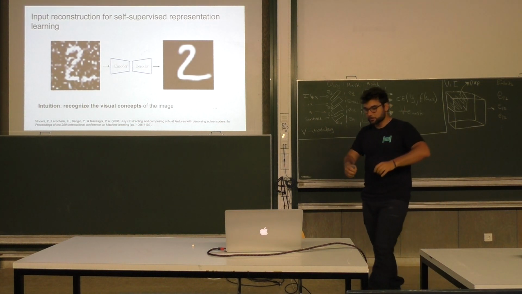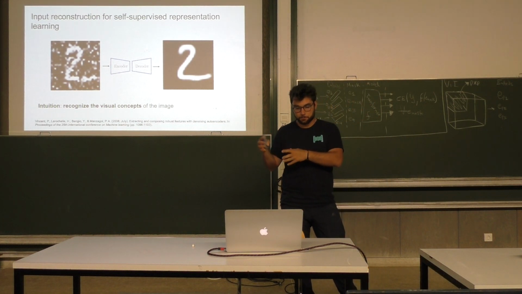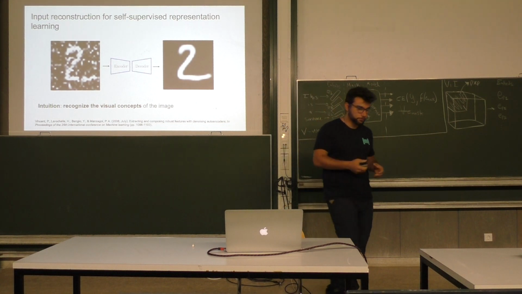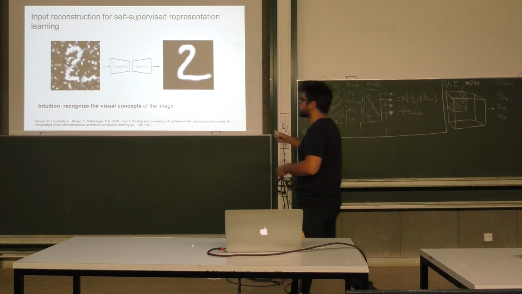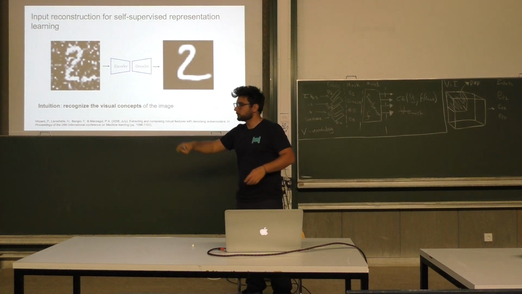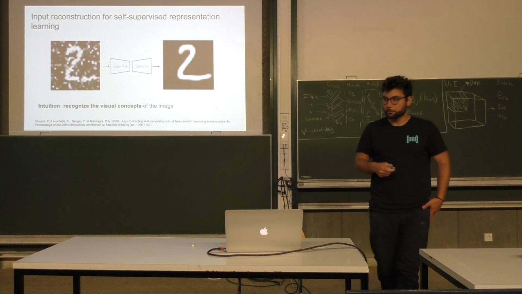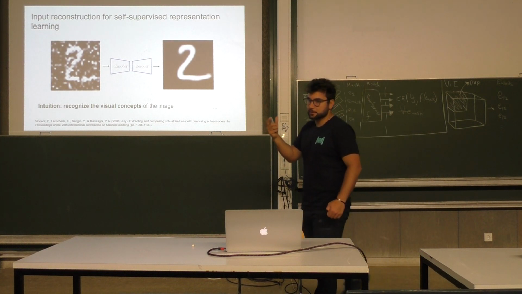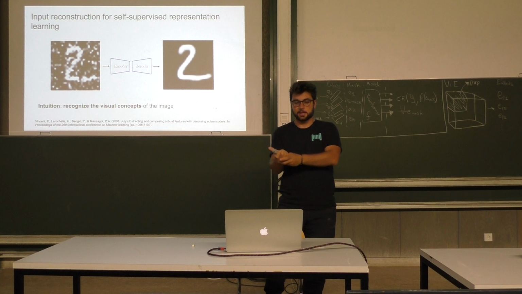We have the data, we add some noise, and then we try to reconstruct the initial image. The intuition was that this intermediate representation between the encoder and the decoder, called the bottleneck representation, will help us learn some underlying compressed version of the data, and we can use this for a downstream task.